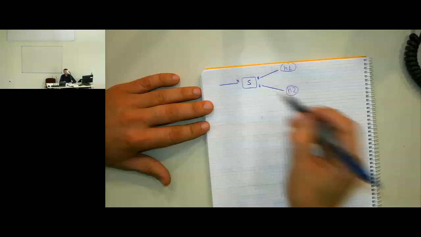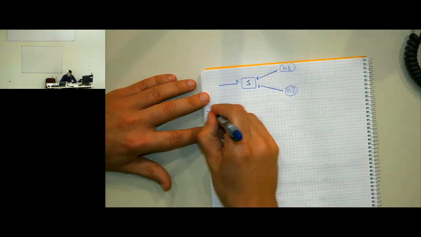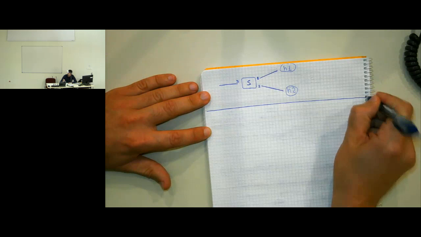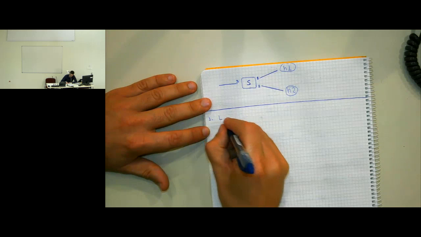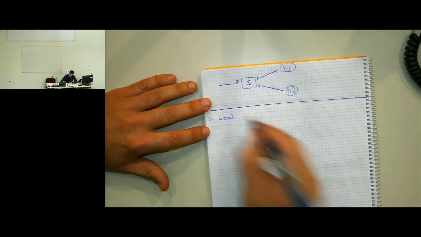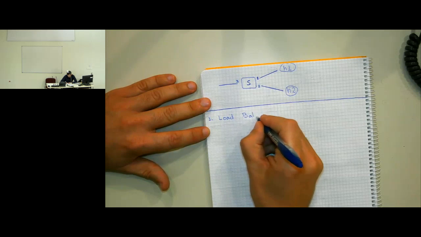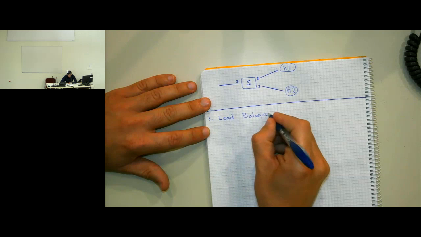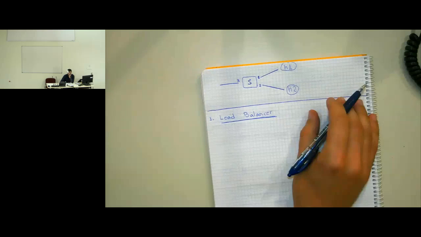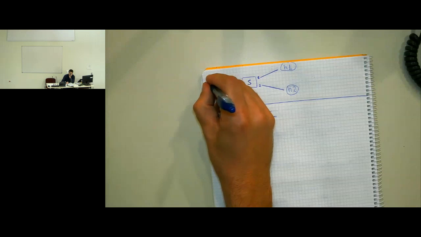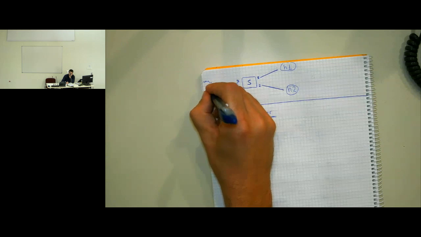Let's assume that we have this simple switch, and I'm going to use this in all the following examples. Here is the internet, a little nice cloud.